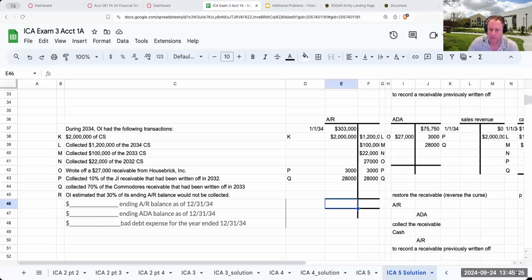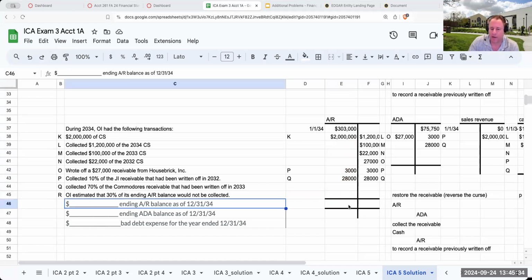I'm now ready to say, okay, what is my ending balance? I'm estimating that I have to find my ending AR balance. How do I do that?